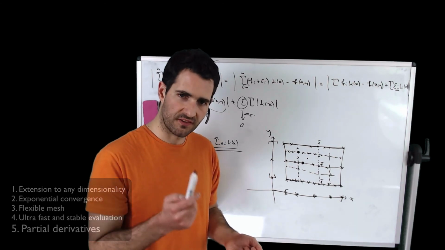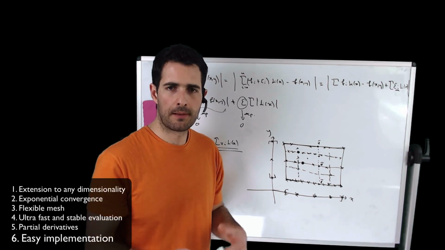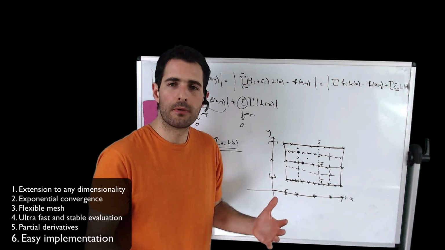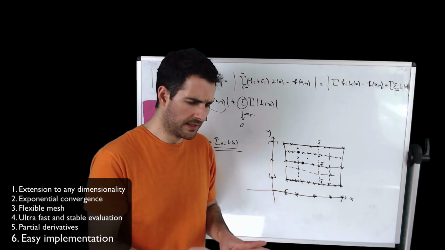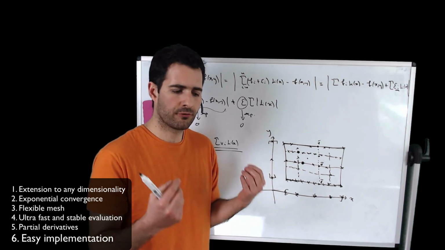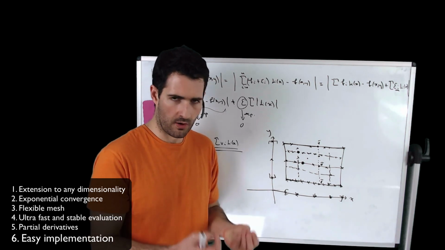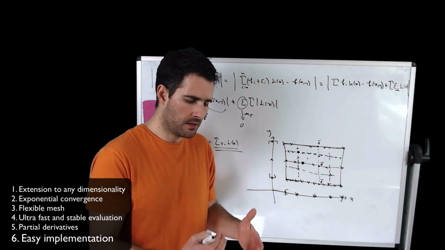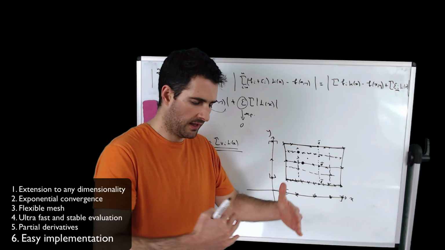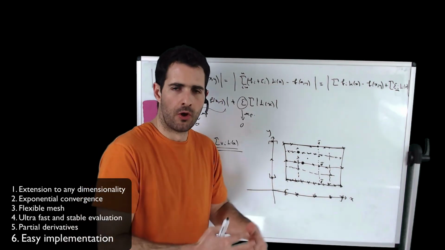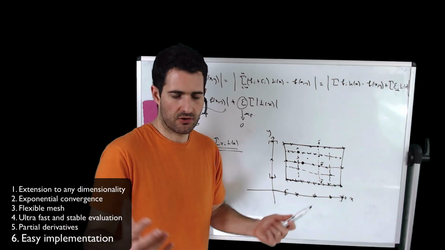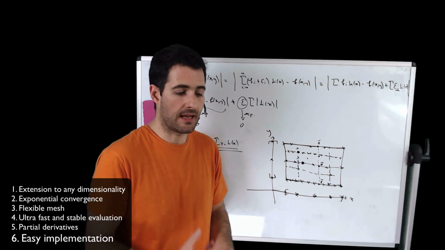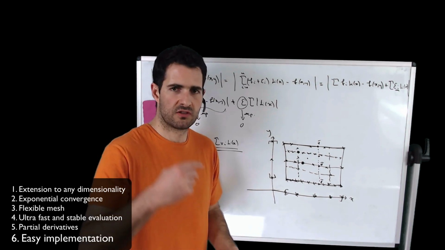And the final property, the sixth property, has to do with the implementation of all this methodology. If somebody is interested in implementing this, coding it up from scratch, it can be done really, really easily. Once you've got the implementation done for one dimension, which is very straightforward, that can then be put together into blocks so that, let's say if you choose 5 dimensions for a particular object, the same function that would evaluate that object is the same function that would evaluate a 3-dimensional object, because at the end of the day, it's just an iteration.